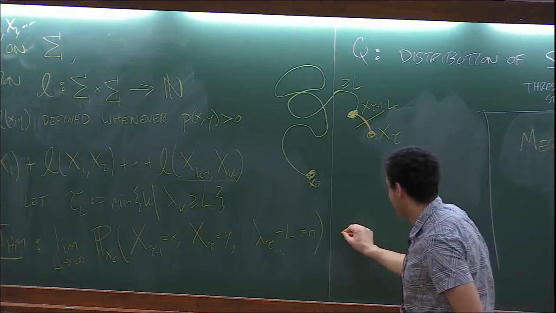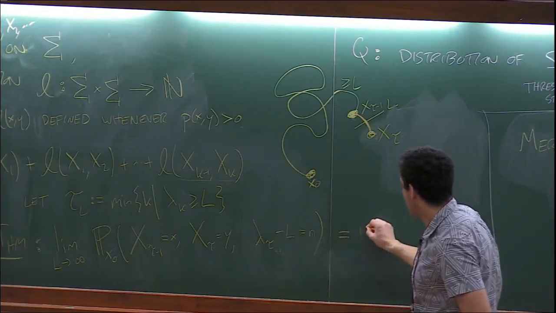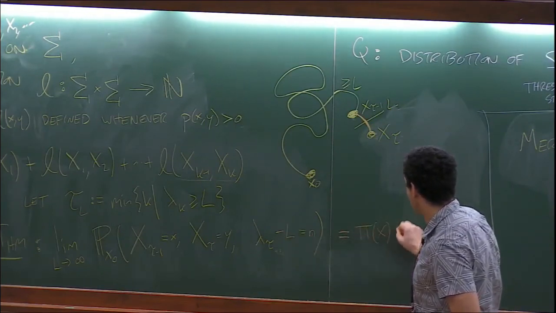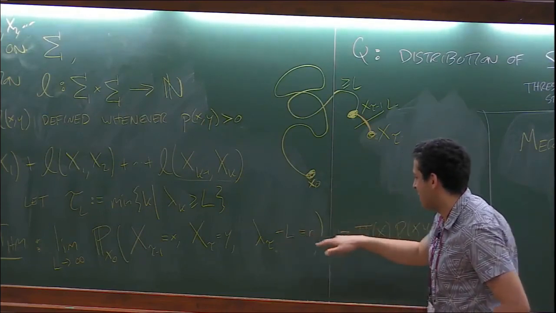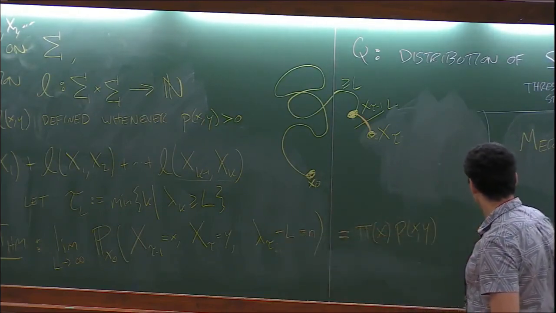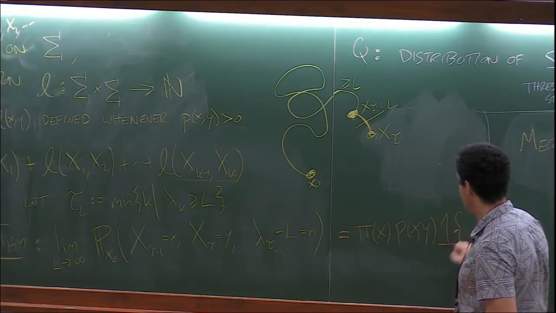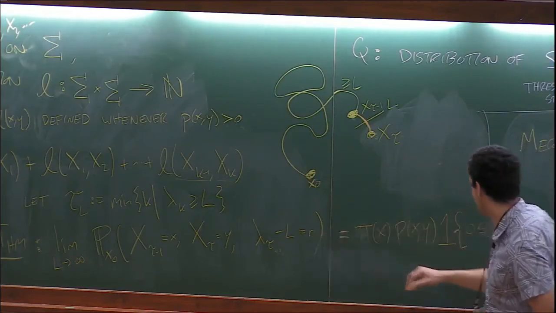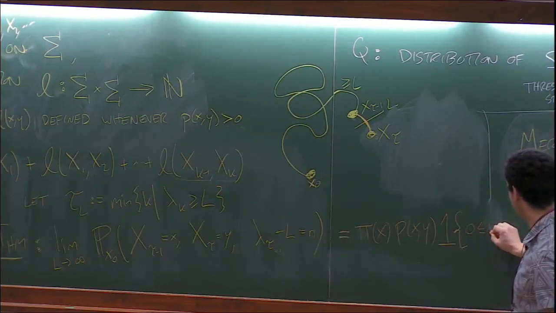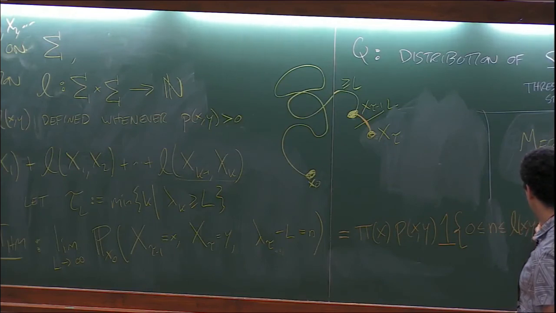So what you should expect to see is the stationary distribution, pi x pxy, but size biased by the length of the edge. So you should put an indicator here of n. The excess length should be, well, it could be as low as 0 and potentially as big as the length of the edge minus 1.